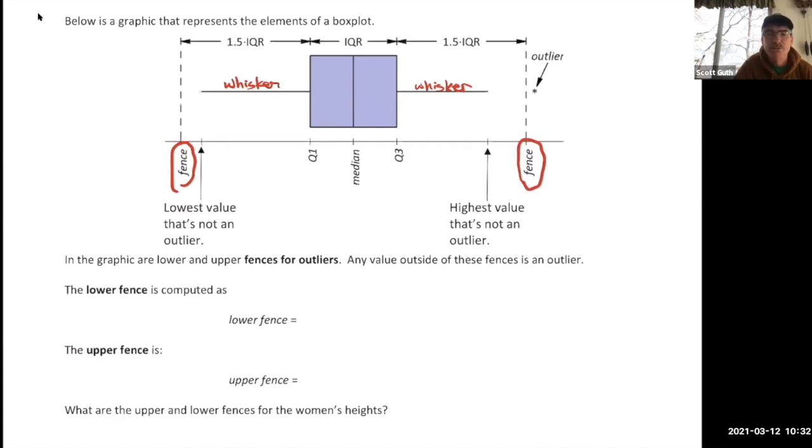We don't usually include the fence in the graph, but I put it there just for you to kind of visually see how the outlier goes out past the fence. Okay, so again, these outliers need to be determined by a measure that's not influenced by outliers. Okay, so we use the interquartile range.